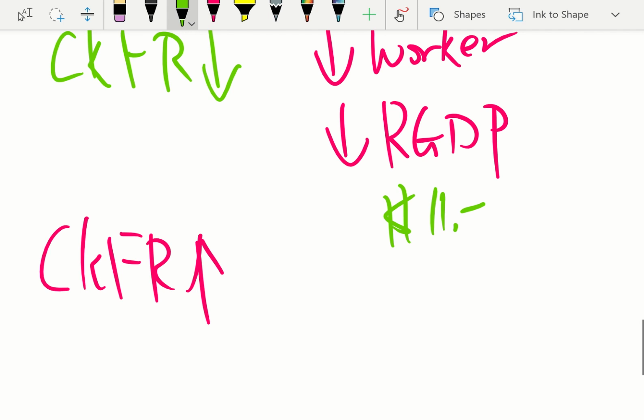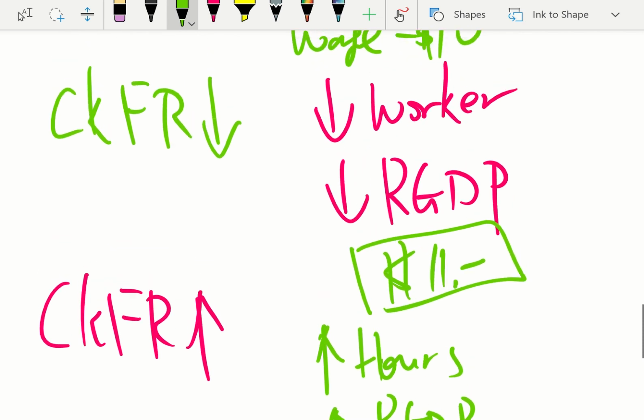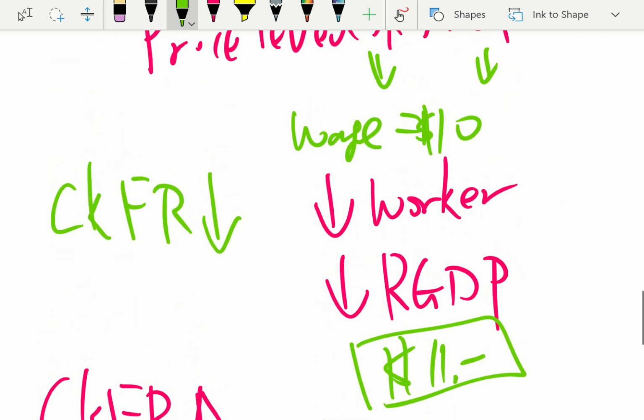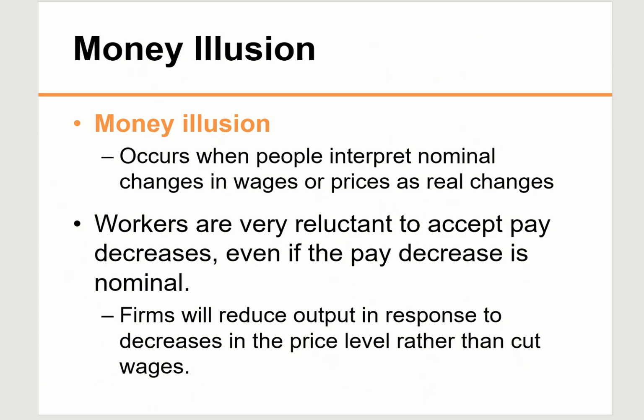I cannot take the pay raise away from them, right? So I tend to keep the pay at the same level. But I'll ask each person to put in more hours, so produce more chicken fried rice. So real GDP increases. That's why companies are very reluctant to change wages, and the wage is pretty fixed, pretty steady. So that's called money illusion.